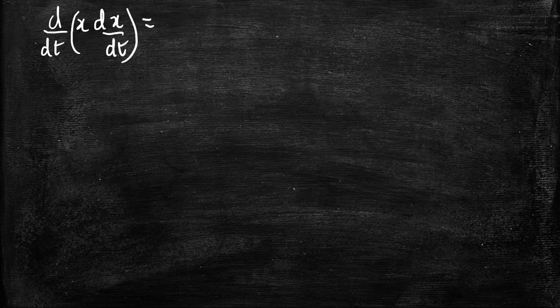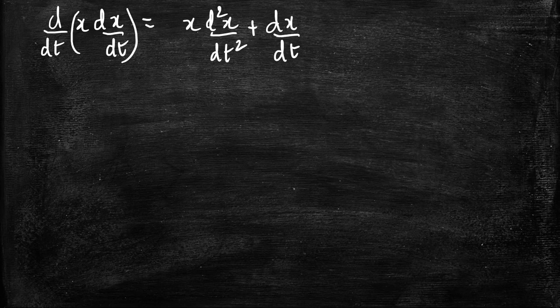Now I'm going to use again the UV method. So I'll be getting x d square x by dt square plus (dx by dt) the whole square.